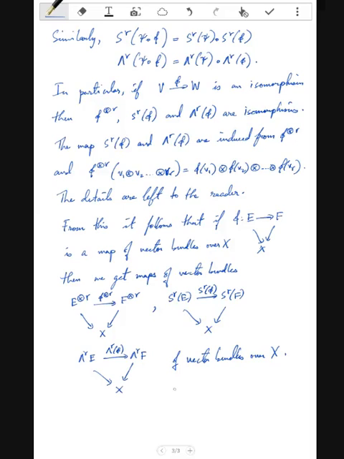And clearly, if phi is an isomorphism, then phi tensor r, S^r phi, and exterior r phi are isomorphisms.